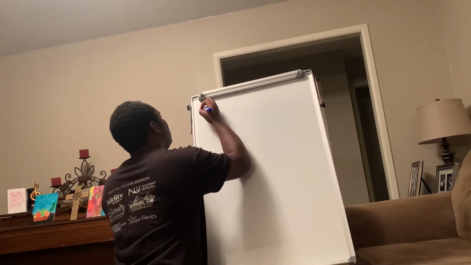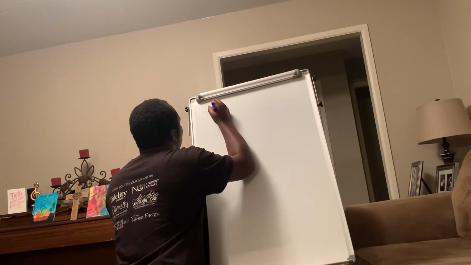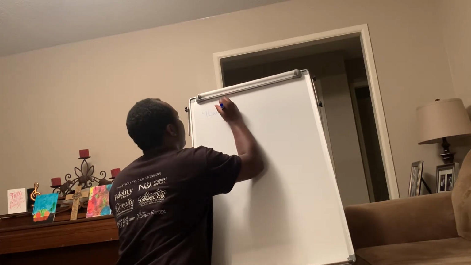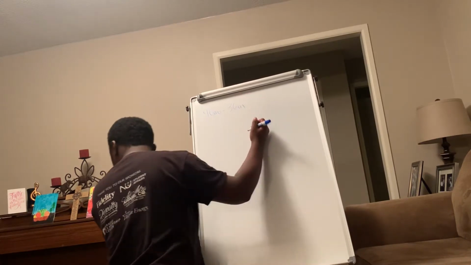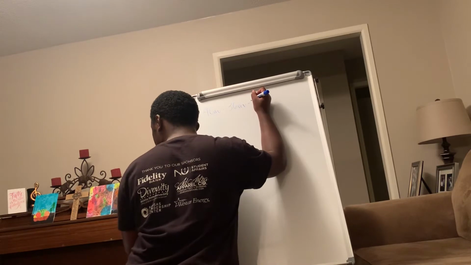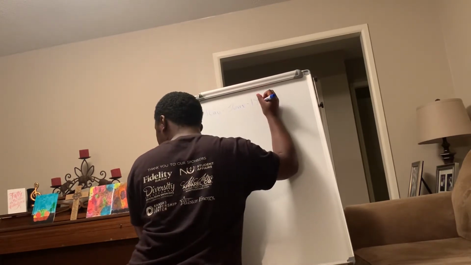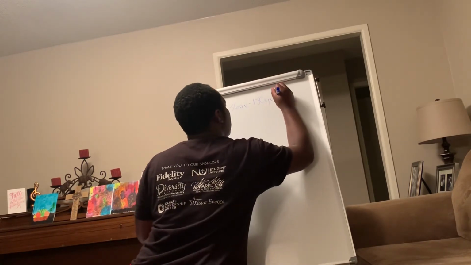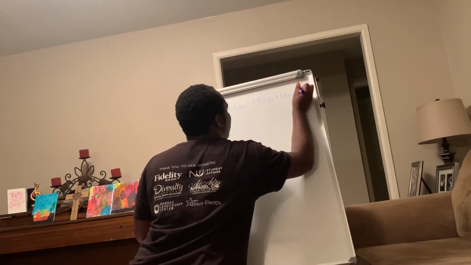Next we have 90au minus 36av minus 150yu plus 60yv.